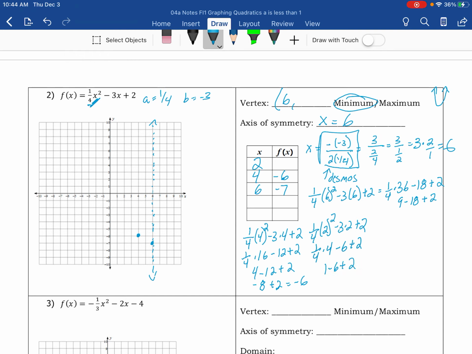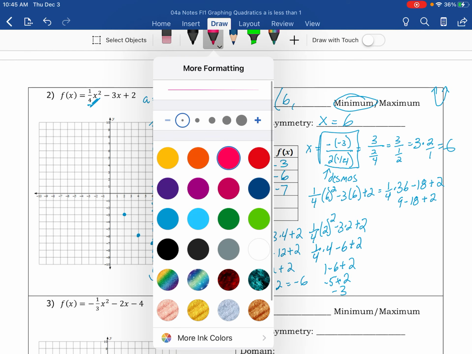That's going to be 1 minus 6 plus 2, negative 5 plus 2, which is going to give me negative 3. Okay, so that looks good right about there.